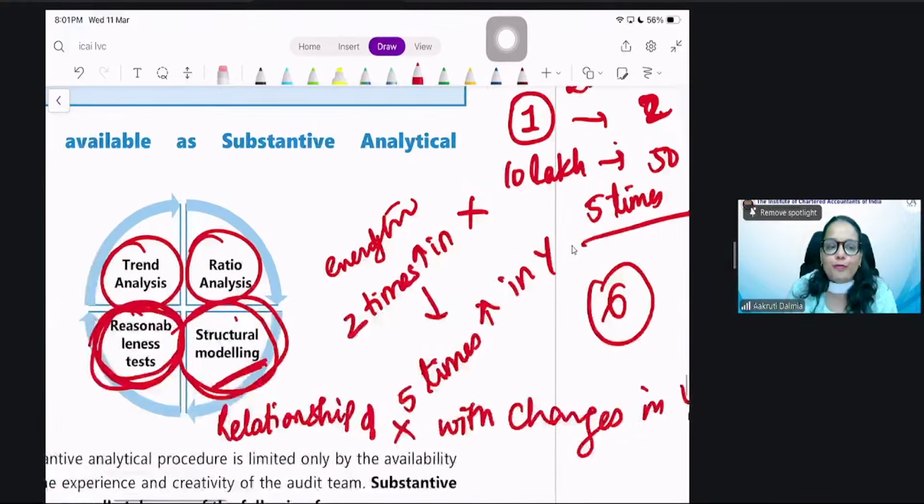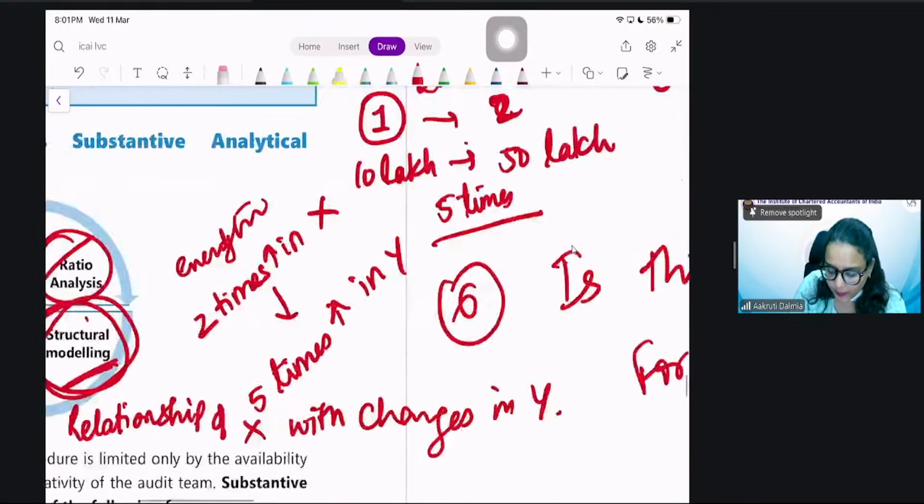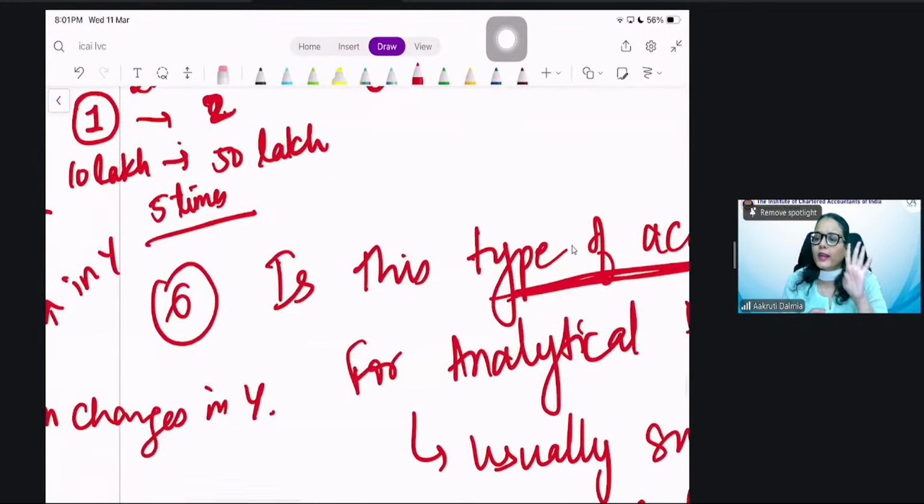So what are the 4 techniques to do substantive analytical procedure? Trend analysis, ratio analysis, reasonableness test, structural modeling. Again, say it with me. 4 techniques. One is trend analysis, comparing with your previous year data, comparing with budgets, comparing with forecast, comparing with anyone.